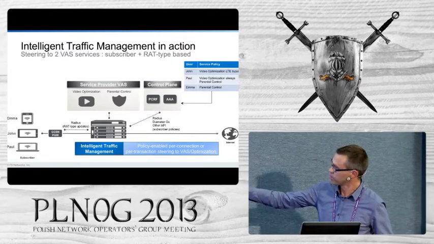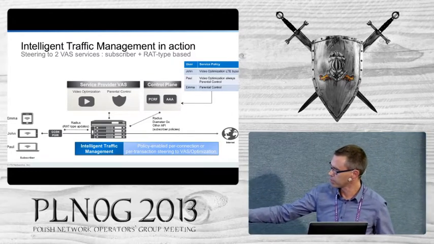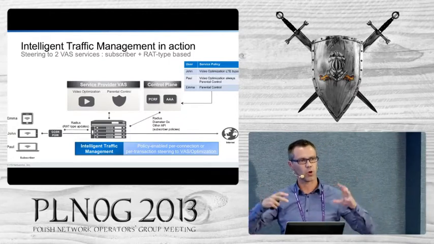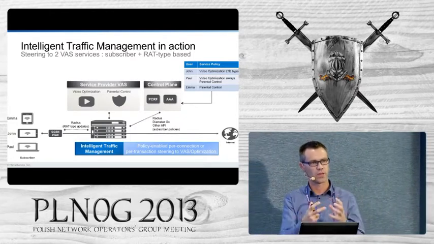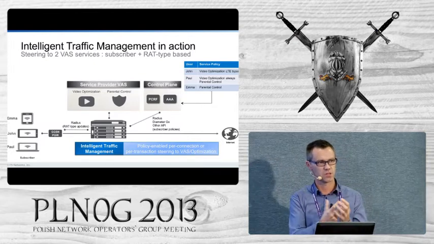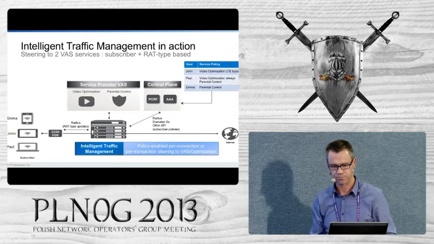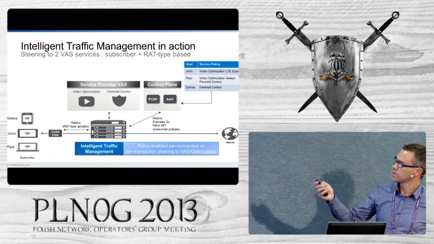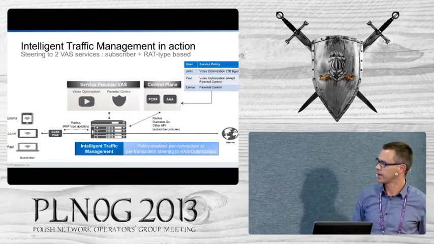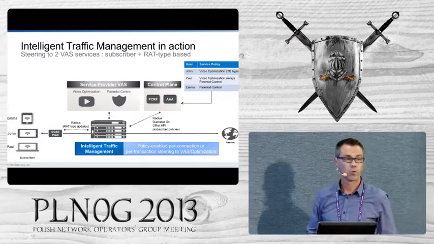So we learn information from a PCRF, we learn information from the control plane of the GGSN, and we bundle all that information together to make that steering decision that does what your business policy defines. If John is sending HTTP traffic over an LTE network, then we're not going to do anything.